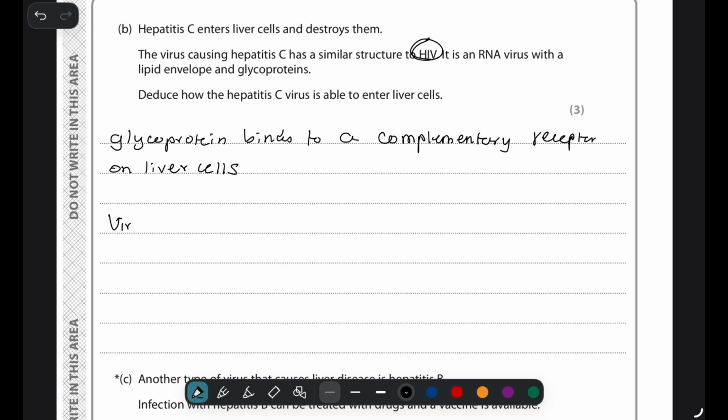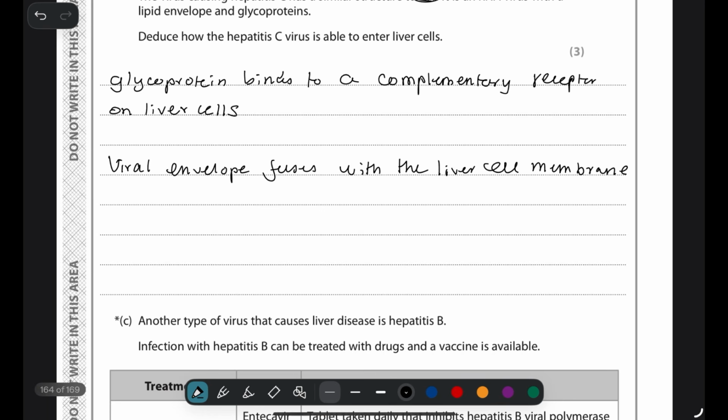The viral envelope fuses with the liver cell membrane, and then that means that the viral RNA can enter cells. So again, very much the same as HIV, but now you're just saying it in a different context.